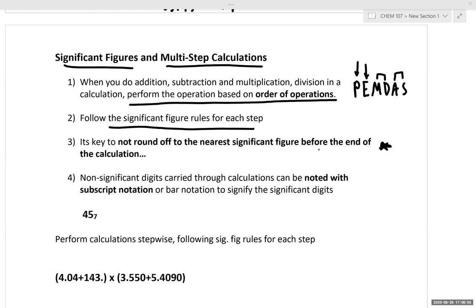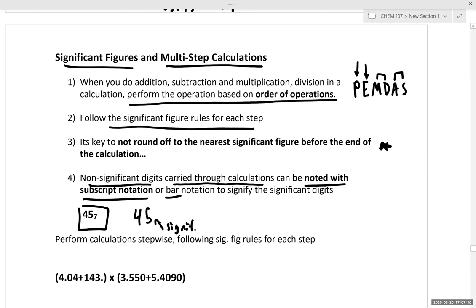So non-significant digits that we are carrying through calculations can be noted with subscript notation or bar notation. So in this case, 457, the 4 and 5 are significant, while the 7 is not.